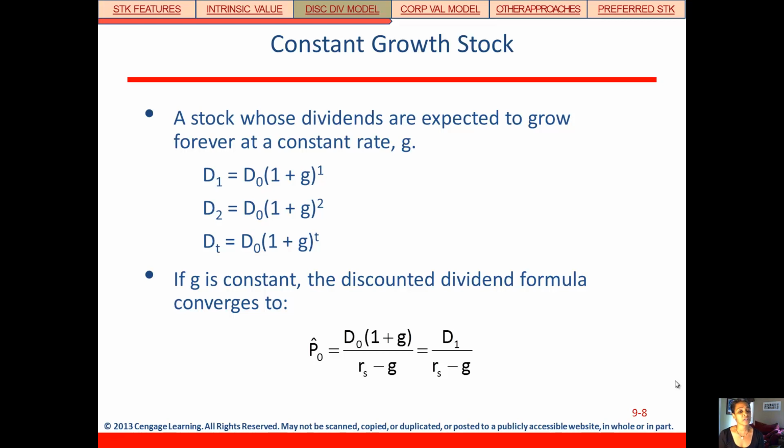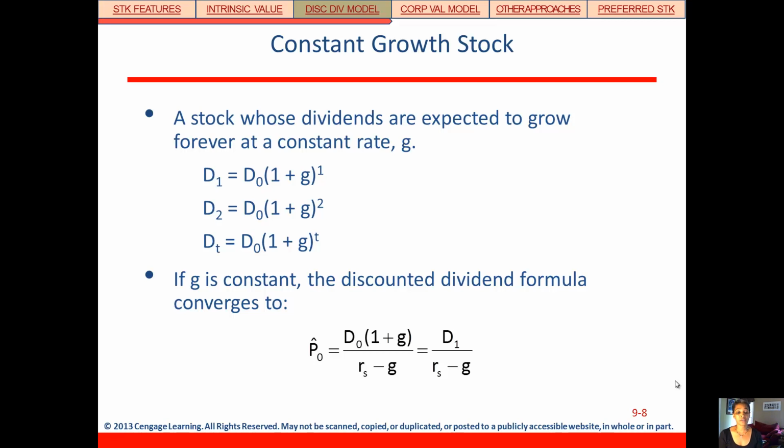And so we're going to call that constant growth rate g, and then we're going to use the formula at the bottom to solve for P hat. Remember, a hat is always some expected or desired value. So P hat 0 is equal to the dividends today times 1 plus the growth rate divided by the required return on the stock minus the growth rate.